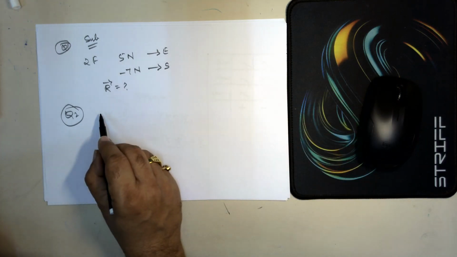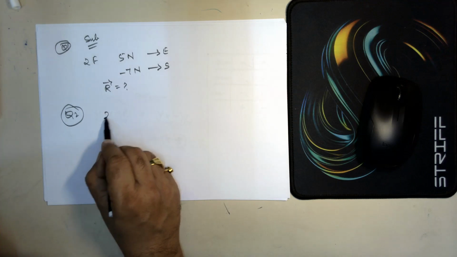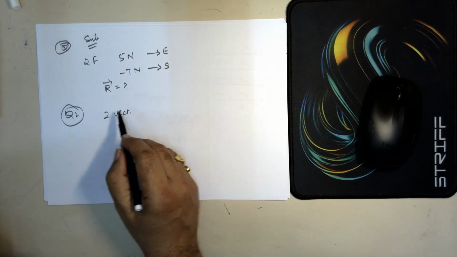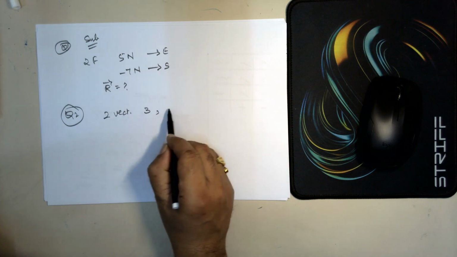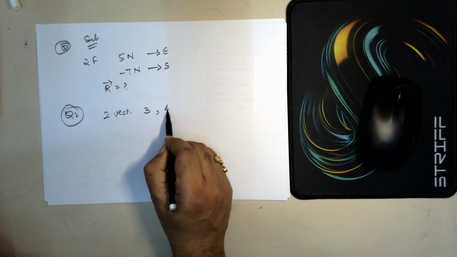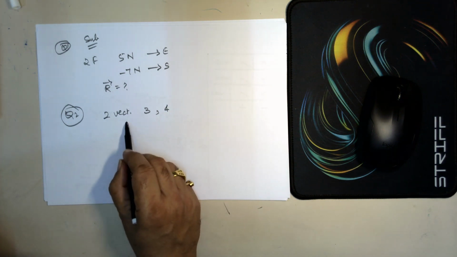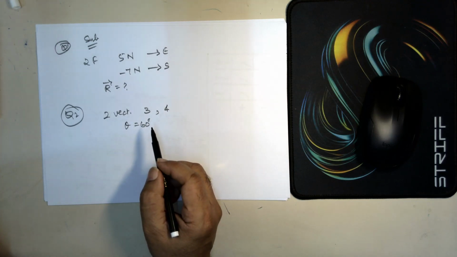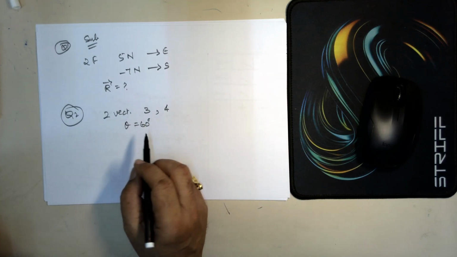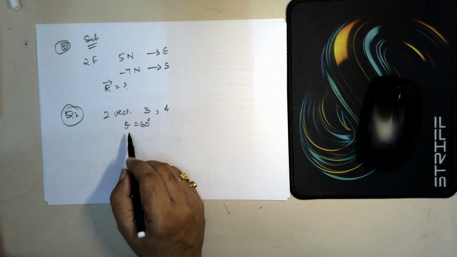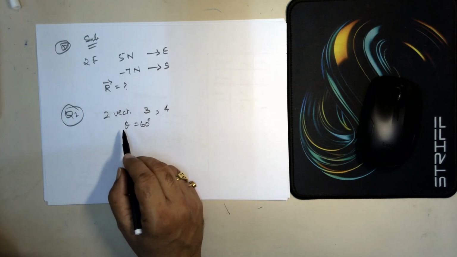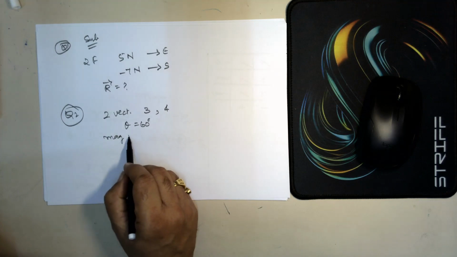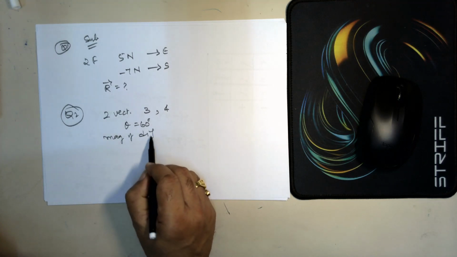Two vectors of magnitude 3 units and 4 units at an angle of 60 degrees between them. Find the magnitude of their difference.